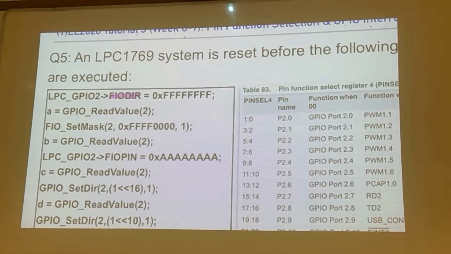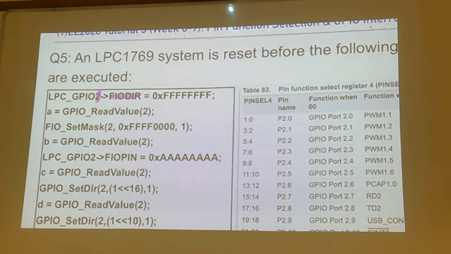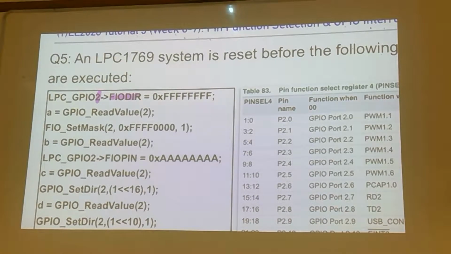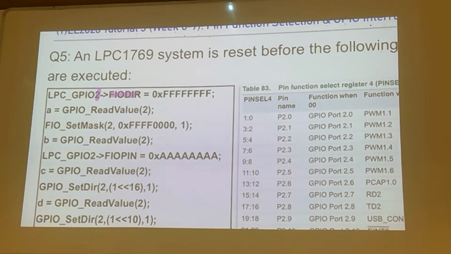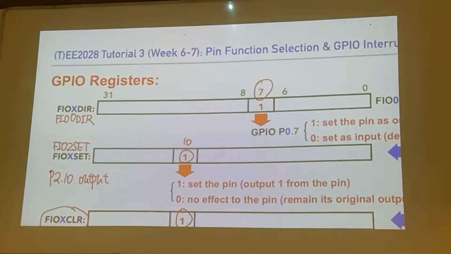So we want FIO2 DIR to equal this value. So what does it mean? What is FIO DIR? Input or output, right? It's direction.